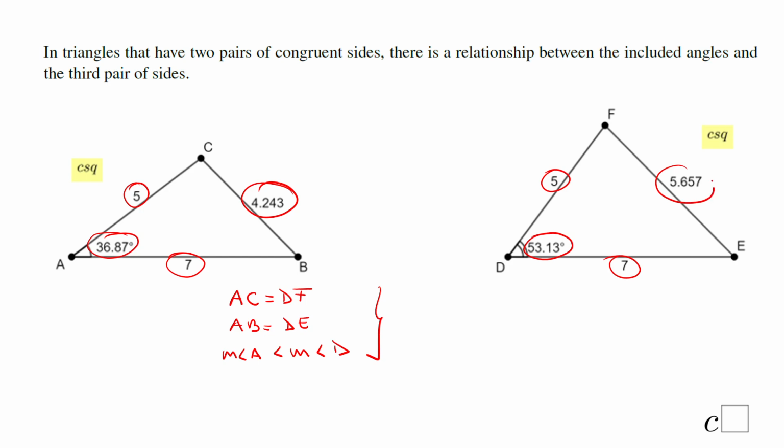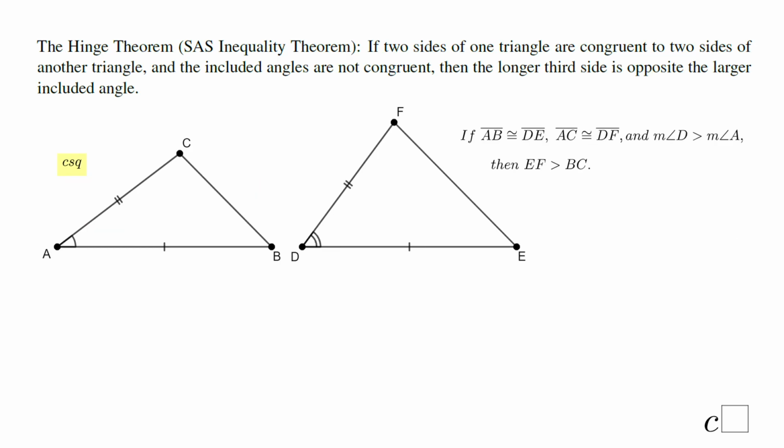The third side here, BC, is less than the third side in the other triangle, EF. And you can see here I have all these numbers just to show you this relationship in this triangle. What you see here can be summarized in the Hinge theorem, also called the angle side inequality theorem.